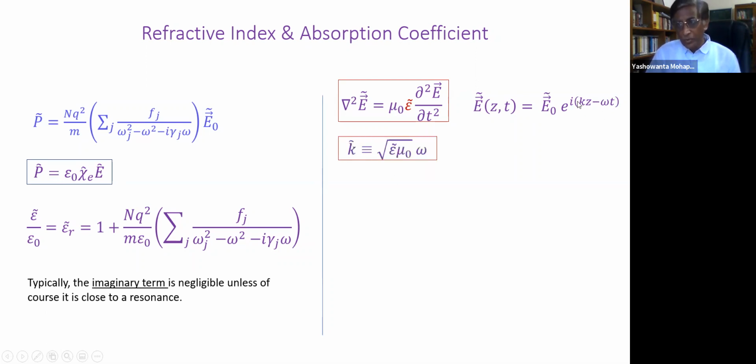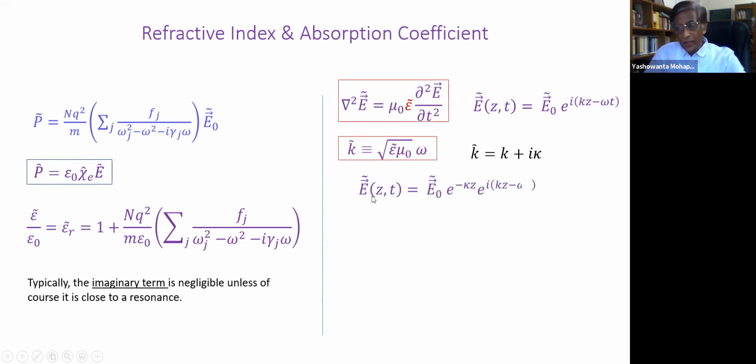Of course, K would be complex here, and so the complex K is simply obtained by replacing epsilon with the complex epsilon in mu naught epsilon omega. The complex K would be, let's say, K plus i kappa, something similar to what we have done earlier. It's just the notation. It has nothing physically to do with the same old kappa or same old K. It's just the real part and the imaginary part.